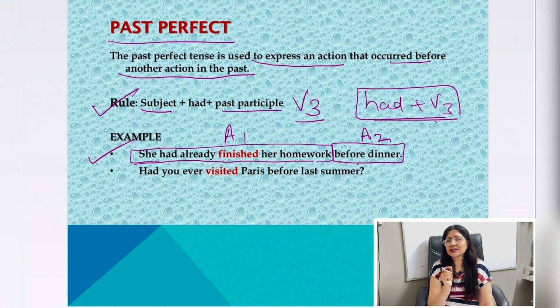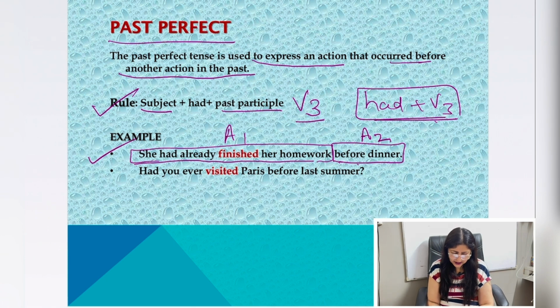But if the actions are occurring at different times, one is done before and the other is done after, in that case you have to make use of past perfect tense, that is had plus V3, in the action that occurred before. The action that took place first, we will be making use of had plus V3, but the action that took place later will be using V2.